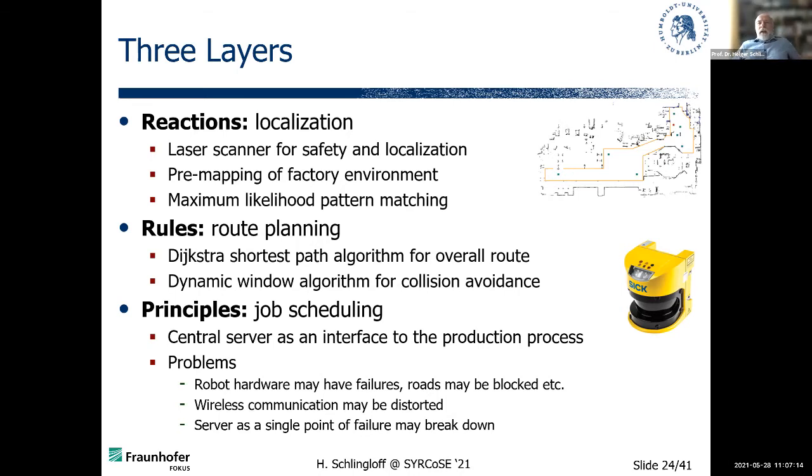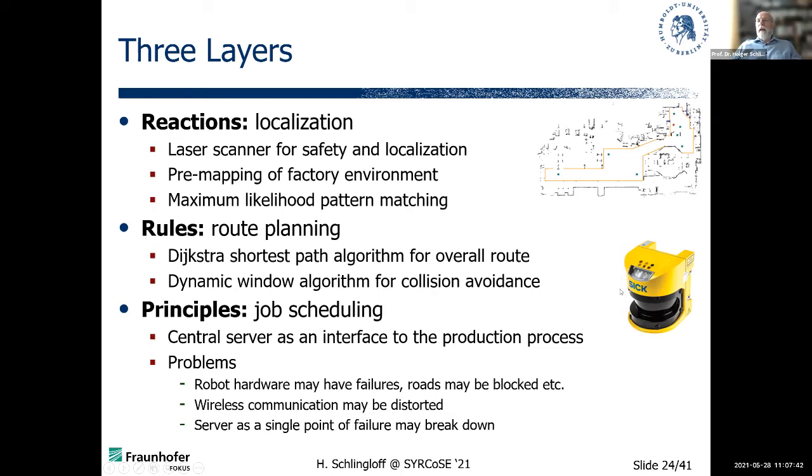For the reactions layer, of course, the main problem is the localization. How does a robot localize where it is on such a map? There is a built-in laser scanner. Here you see a picture of it. This laser scanner serves both safety, so if there's an obstacle within a dedicated range, let's say 1 or 2 meters of the robot, then it just stops.